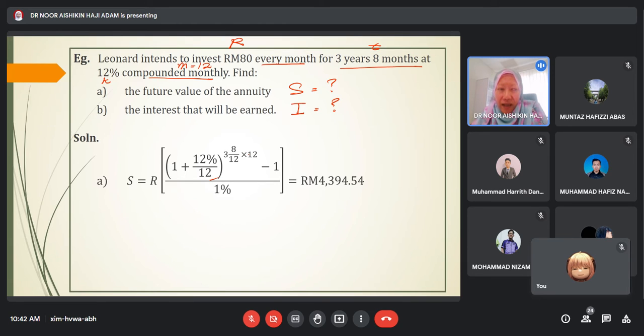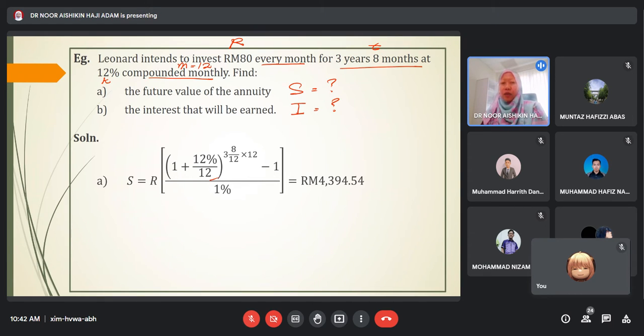T times M gives you N, minus 1, over 1%. Why 1%? 12% compounded monthly. 12% over 12 is 1%. Work it out. You get 4,394 ringgit and 54 cents.